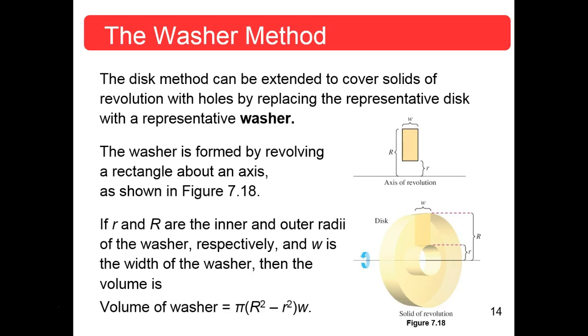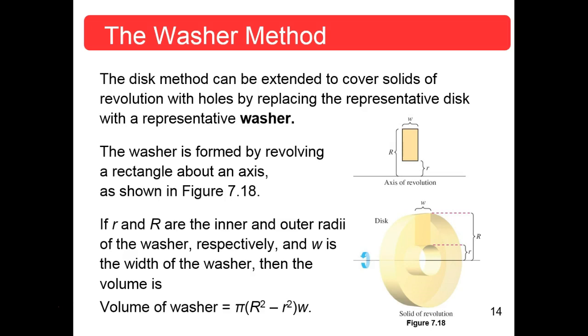The hole in the donut, you might say. Subtract that out, and that would be minus pi little r squared times w. And that's going to give us the volume of the washer: the volume of the entire thing with the capital R minus the volume you take out of the middle.